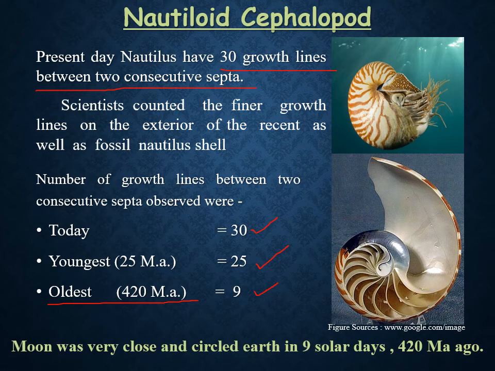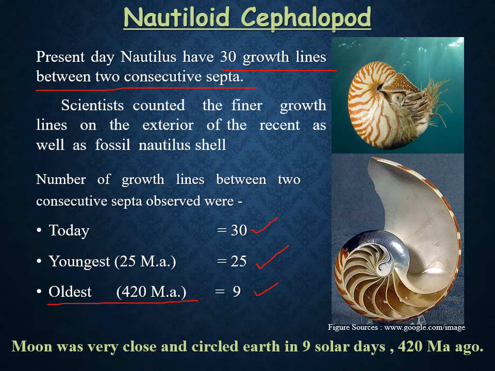So this indicates that 420 million years ago, the moon was very close to the earth, and the moon circled the earth in 9 solar days during the Devonian time.